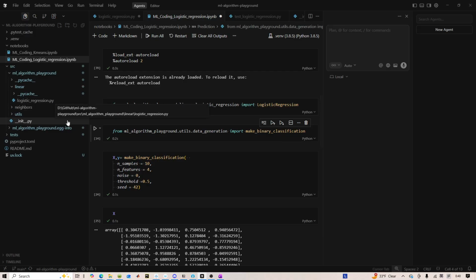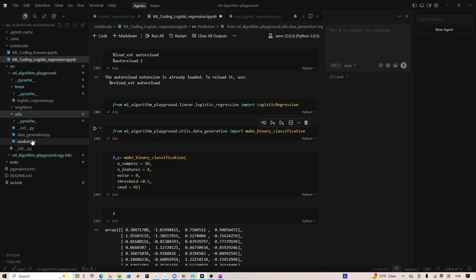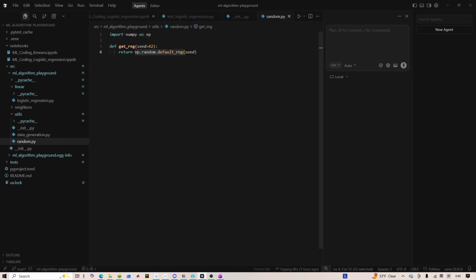I also wrote a few supporting utility functions. Based on the seed, you can get a default random generator. This is important for reproducibility.